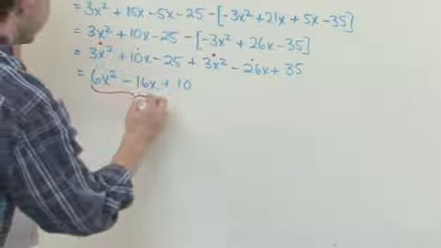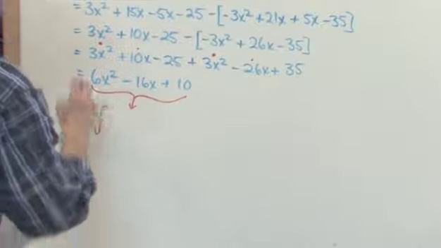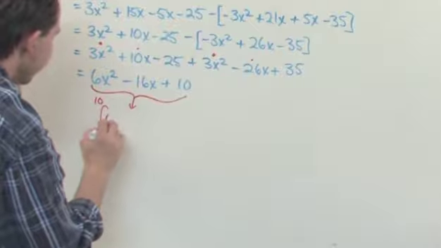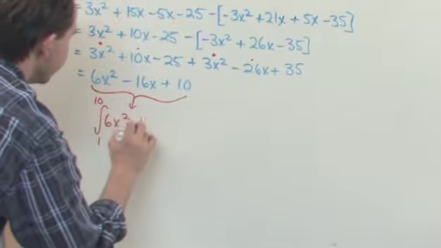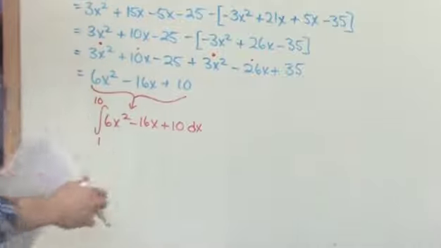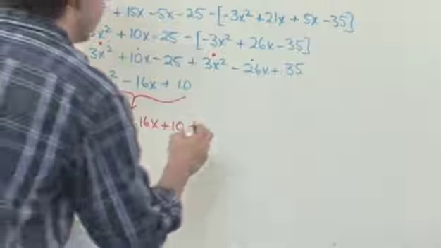So I'm going to take this and do it like this. Integral from 1 to 10 of what I've just received here, 6x squared minus 16x plus 10 dx. This is a regular polynomial integral, nothing fancy about that.